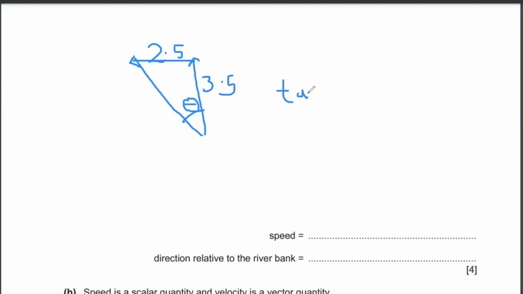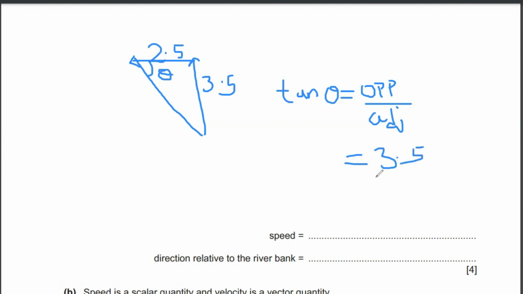Tan theta would be equal to opposite upon adjacent. Sorry, the angle would be here. So opposite is 3.5 and the adjacent is 2.5.